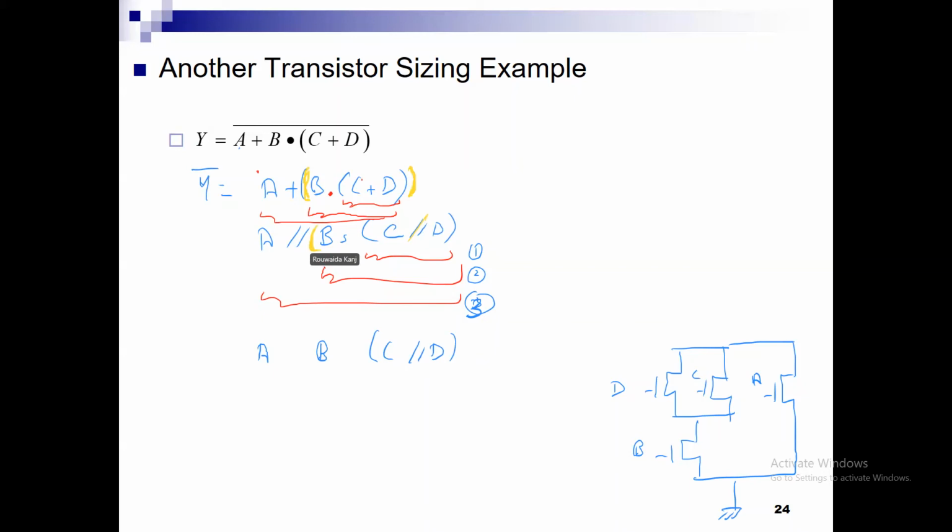This was the second block that I drew, and this is the second block that I drew. Now I will, sorry, now I swap: the parallel becomes series and the series becomes parallel. Meaning here the parallel will become series, this will become parallel, and this will become series. Okay, so here I will have C in series with D.